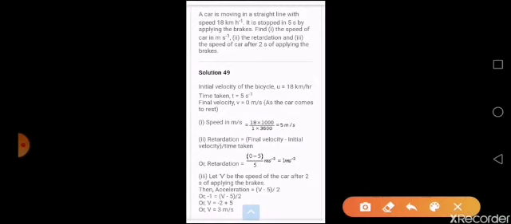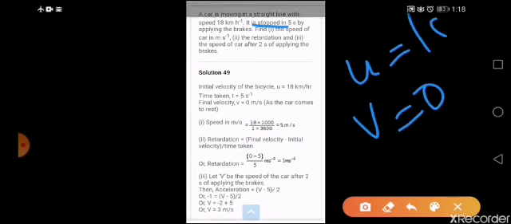So second question, you have to find out the retardation of the car. Right? So there again, final velocity minus initial velocity. Retardation is simply your negative acceleration. You have to find acceleration. You will get it in negative sign, and after that also you can write retardation in negative acceleration is called retardation. You just find out retardation in that way. That is u is given. Now since it is stopping after 5 seconds, v will be equal to 0.